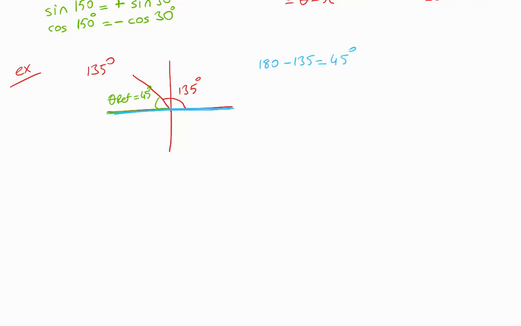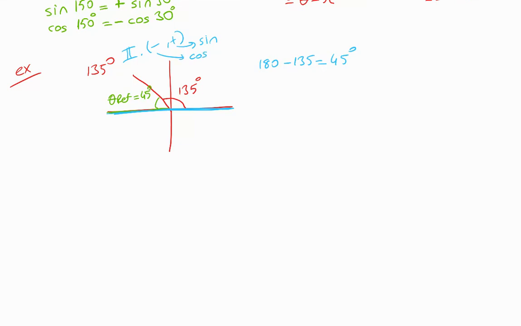Okay. We are in the second quadrant, and the second quadrant has minus and plus signs. This is for sine, this is for cosine. Keep that in mind.